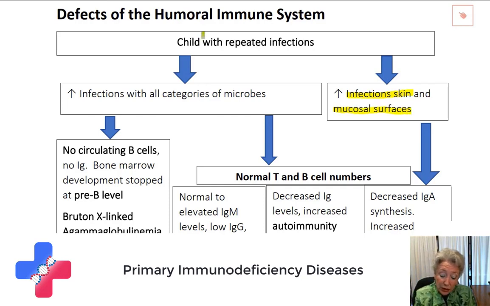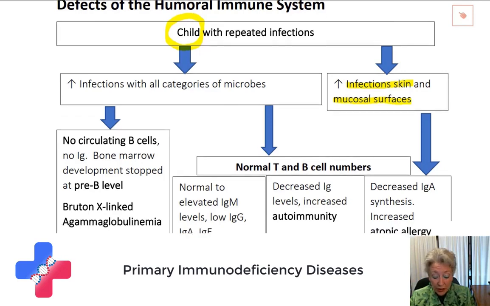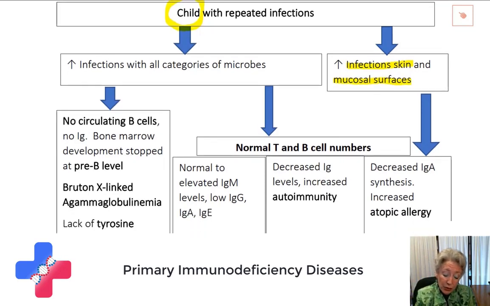So once again, shouldn't surprise you, it's going to be a child brought in for evaluation after recurrent infections. If the categories of microbes are across the field, viruses, bacteria, fungi, parasites, and I have no circulating B cells in the blood, remember I would count them using CD21.